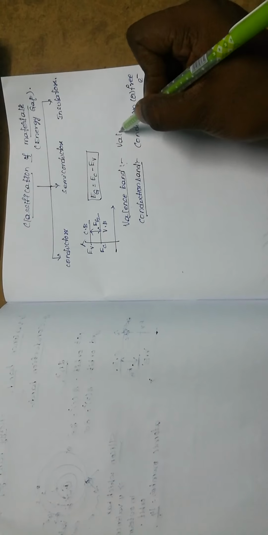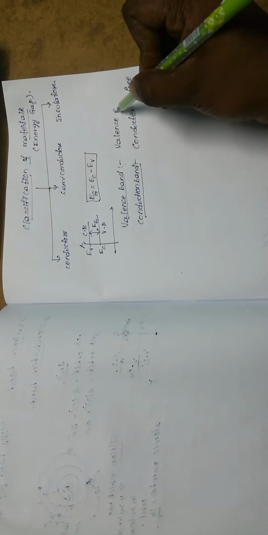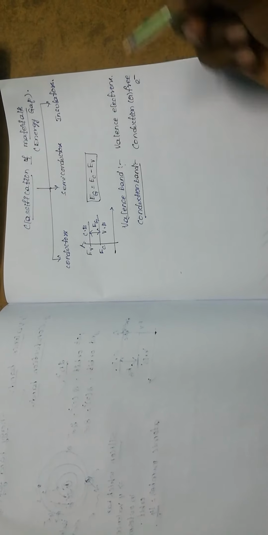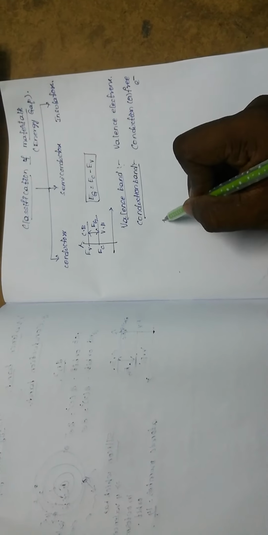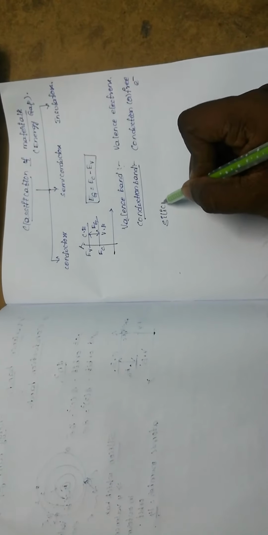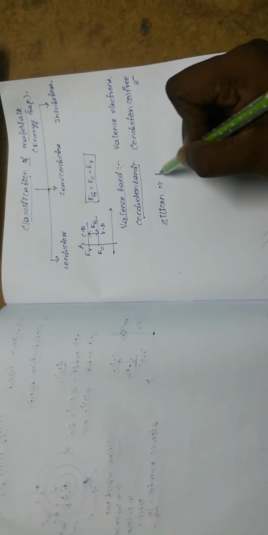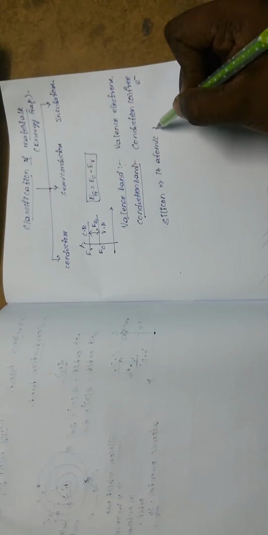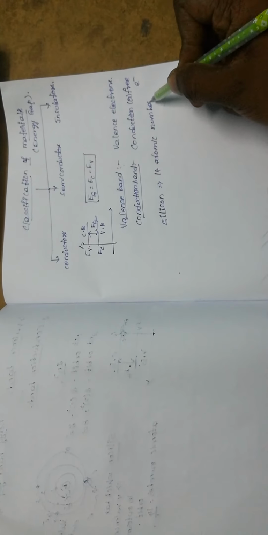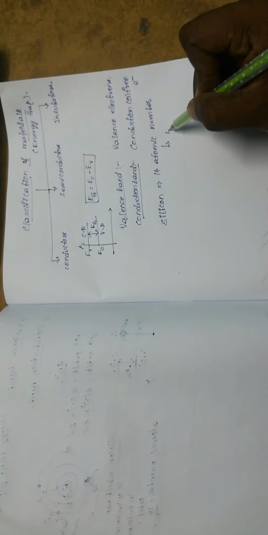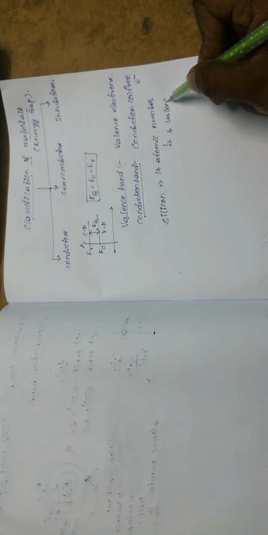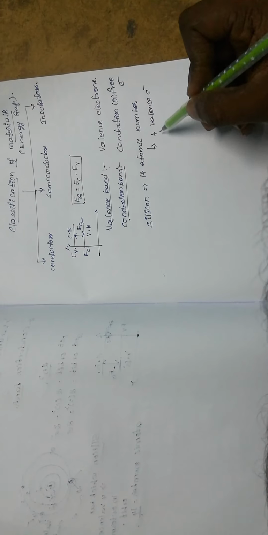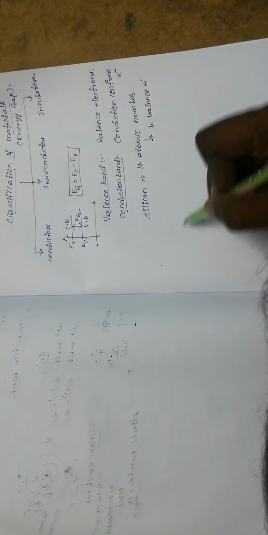But valence electrons are present in the outermost orbit of a particular atom. If we take silicon, silicon has atomic number 14. It has 4 valence electrons in its outermost orbit. How can we tell that it has 4 valence electrons?